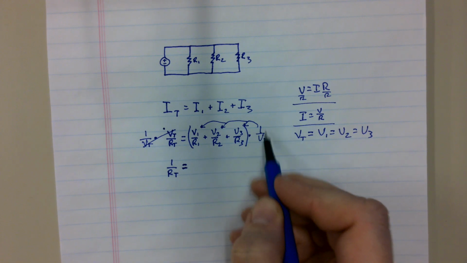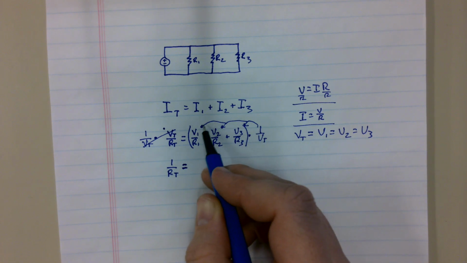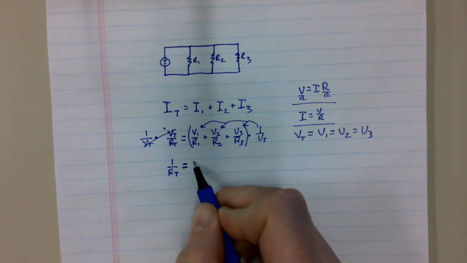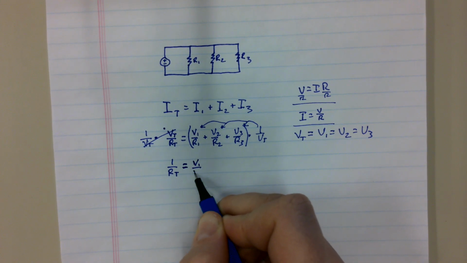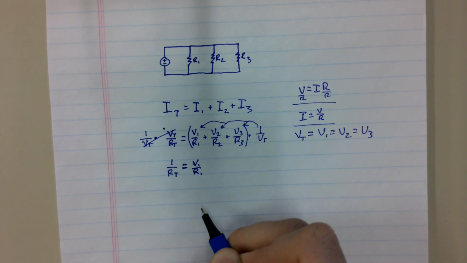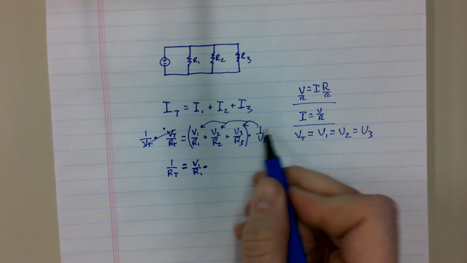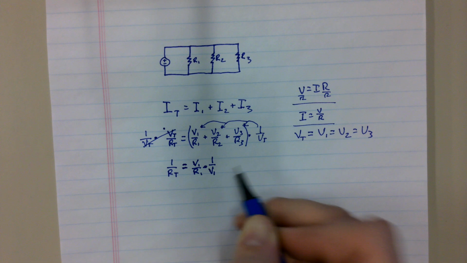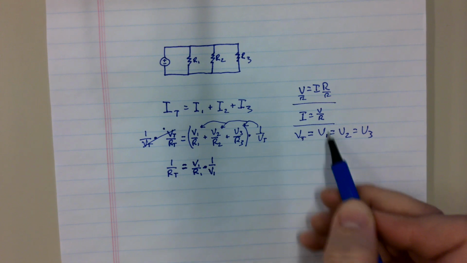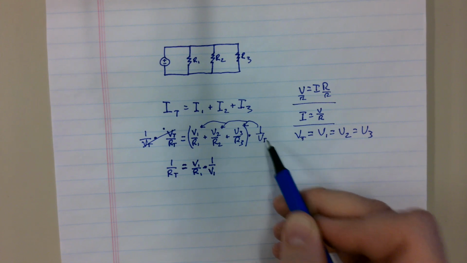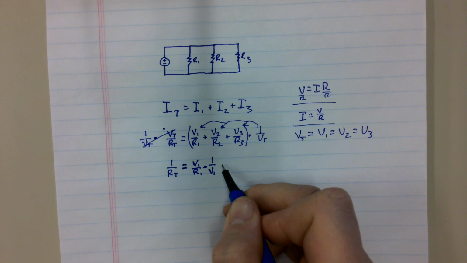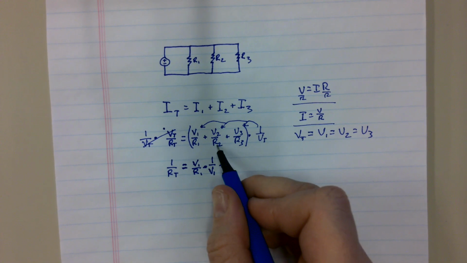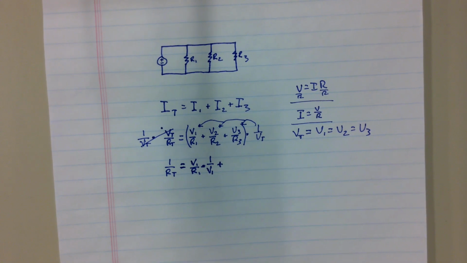So if I distribute that to the first one, I'll have voltage 1 over resistance 1 times our multiplier 1 over, I'm going to write voltage 1 because we know that voltage total and voltage 1 are the same thing. I can substitute voltage 1 in for here. Okay? And then I have to do that for these other two tracks as well.